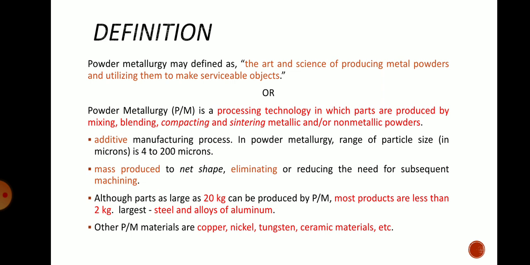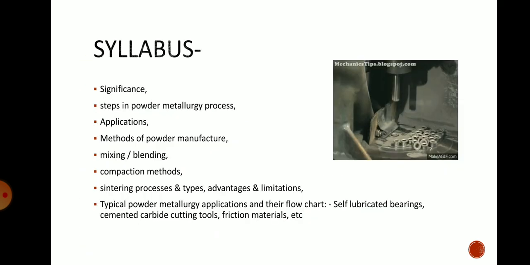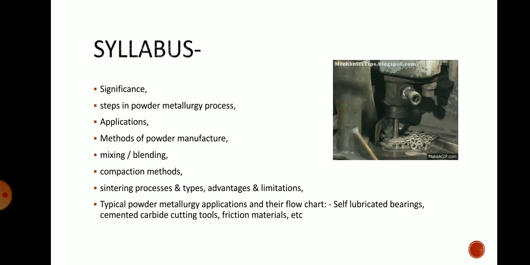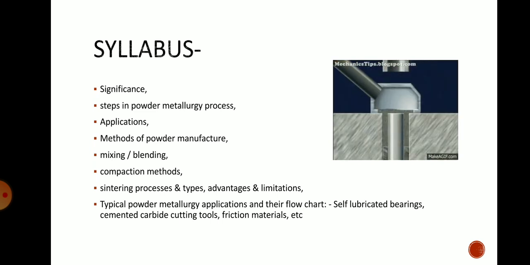Next, in powder metallurgy, mass production to net shape can be done. In the last slide you have seen one animation. You might have observed this process and wondered which process it is.